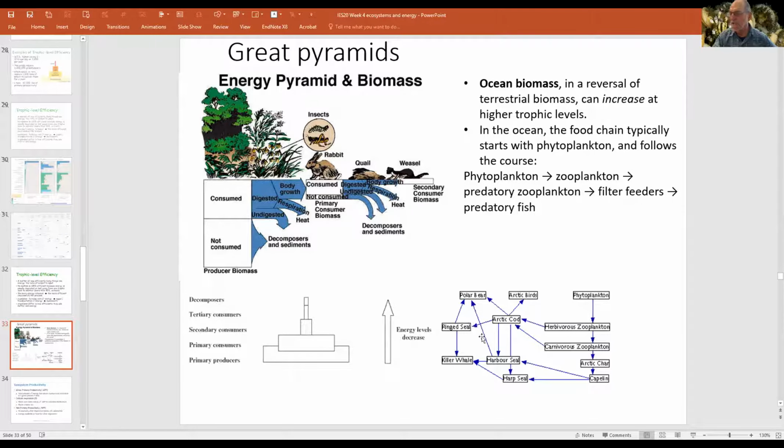So just looking at these ecosystems, you would say that the largest biomass would probably be the plankton, decreasing at each level. And then when you get up to the upper levels, the polar bears, the orcas, the killer whales, these are going to be the smallest levels in the system.